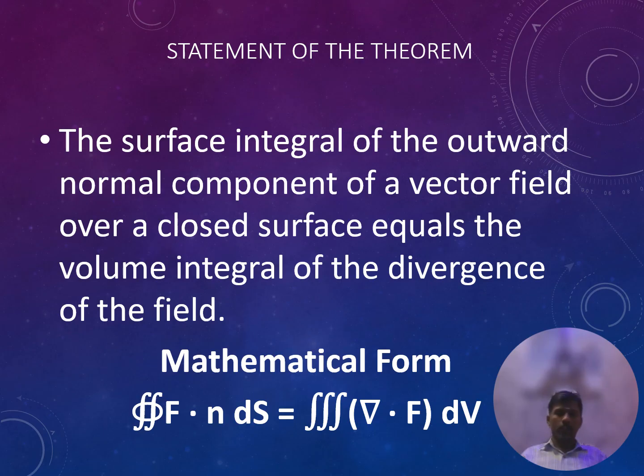This is the theoretical statement. We convert it to the mathematical form, denoted as double integral over S, that is, double integral over the surface of F dot n dS, is equal to the triple integral, which is also called a volume integral, of del dot F dV. So this is the main theme of our lecture, the statement of the Gauss divergence theorem.